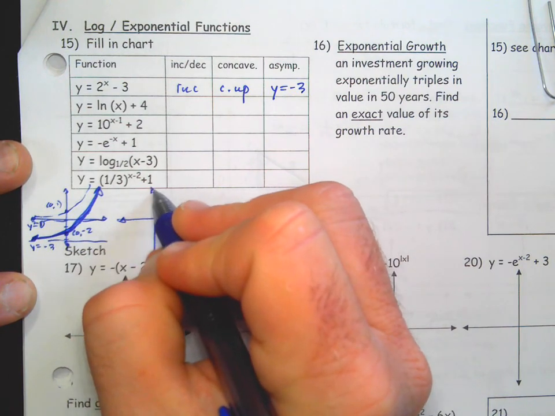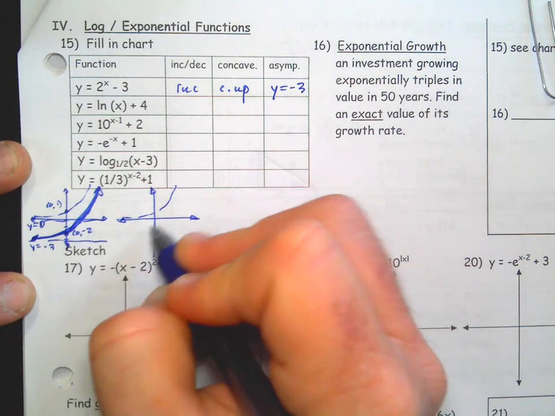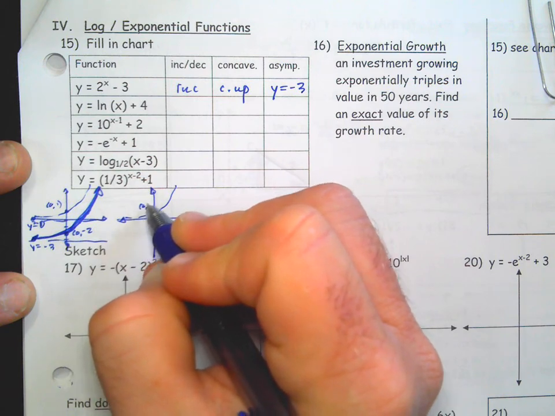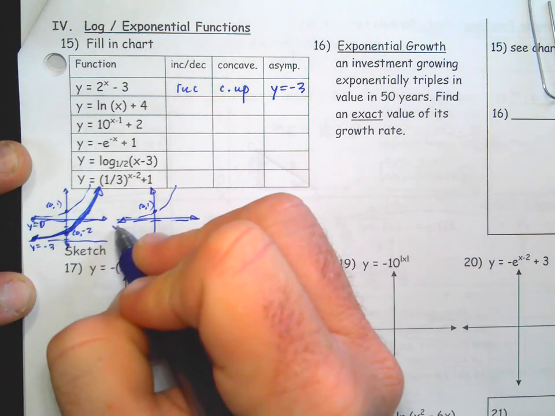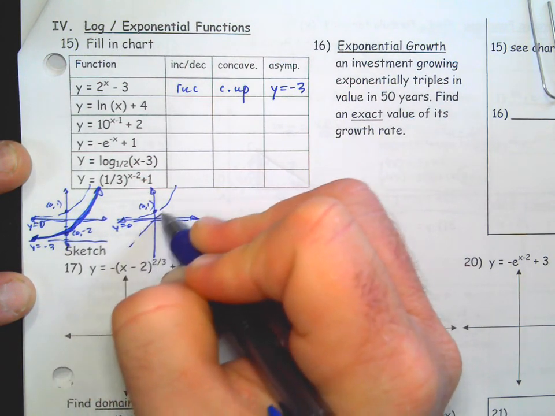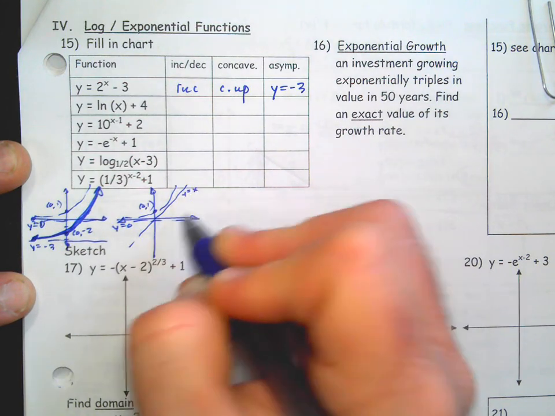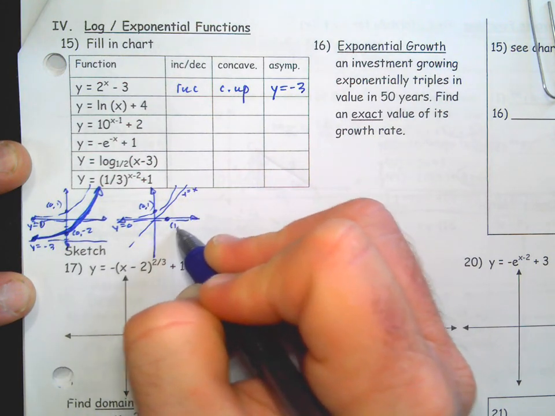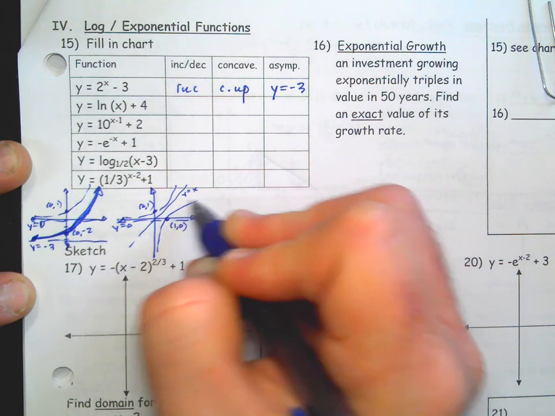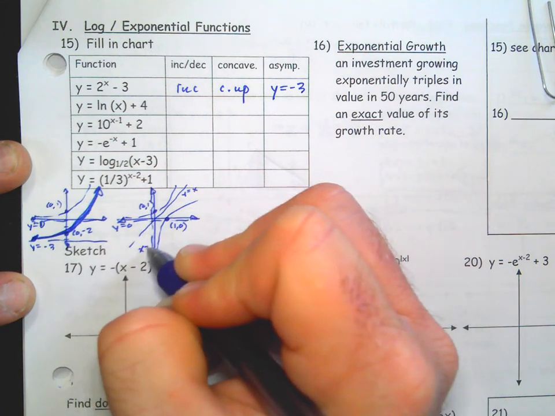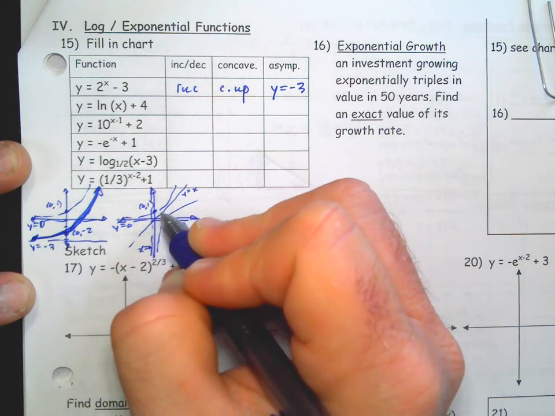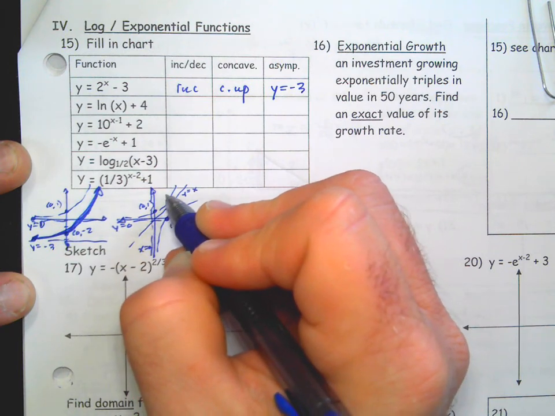Now, natural log, you might do y equals e to the x first, and then flip it across y equals x, because that's their relationship. And then you get a vertical asymptote at x equals 0. And then the 4 is going to move everything up 4. 1, 2, 3, 4.